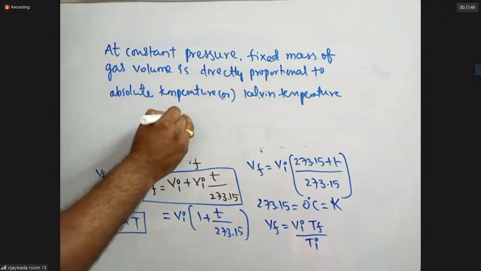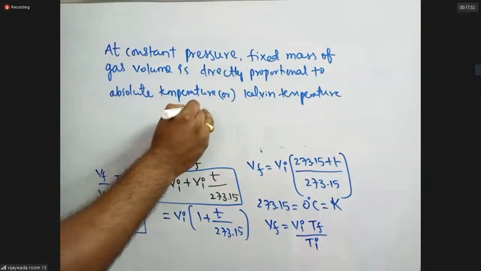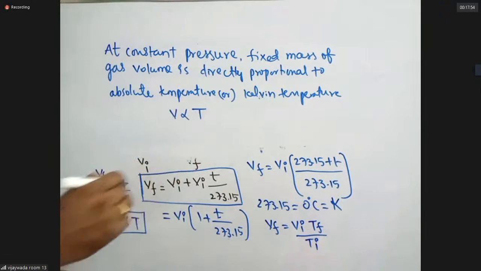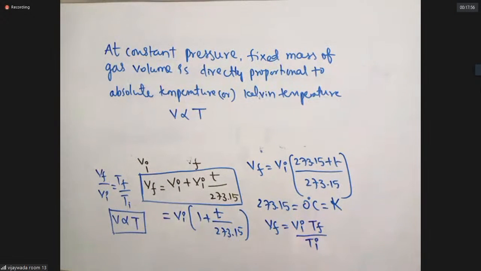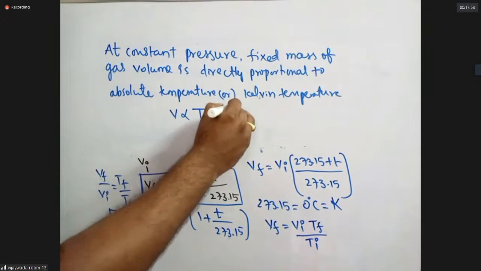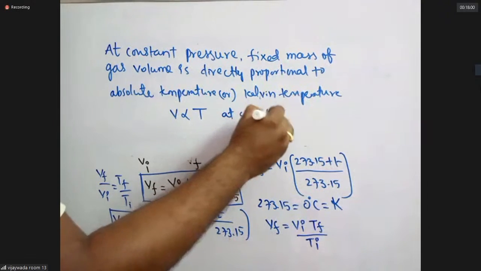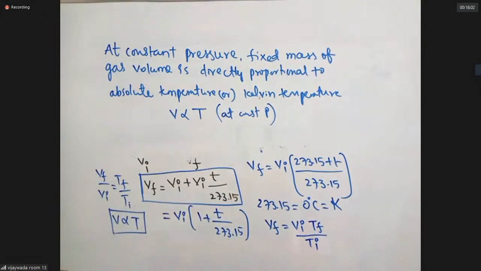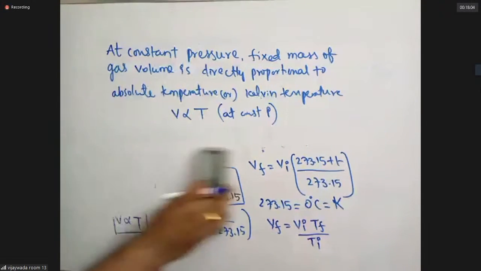So volume is directly proportional to temperature. The temperature scale must be Kelvin at constant pressure. Very, very important.